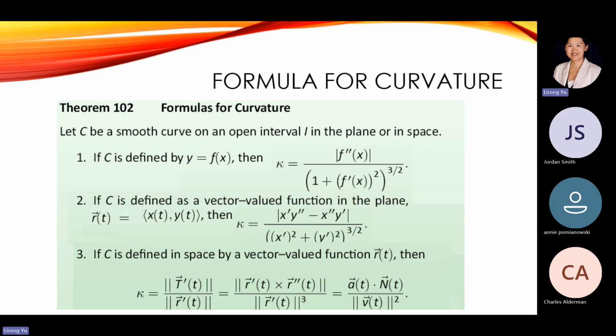Number 1, if you have a one-dimensional function, y equals f of x, the curvature equals the absolute value of the second derivative, as we mentioned, the curvature will be affected by the second derivative. If the second derivative is all 0, of course, the curvature equals 0.